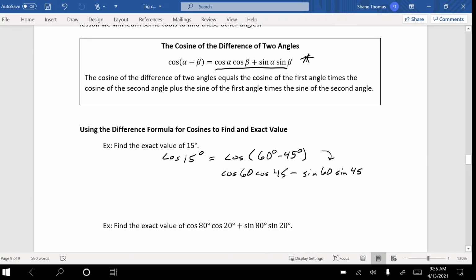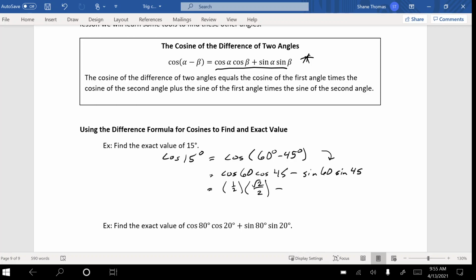Make sure you know where your unit circle is, so that you can keep referencing that. What's the cosine of 60 degrees? Good, 1/2. Cosine of 45 degrees. Good, root 2 over 2. Sine of 60 degrees.